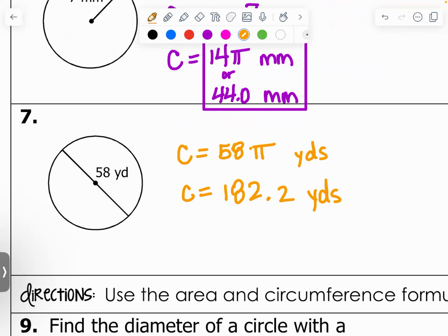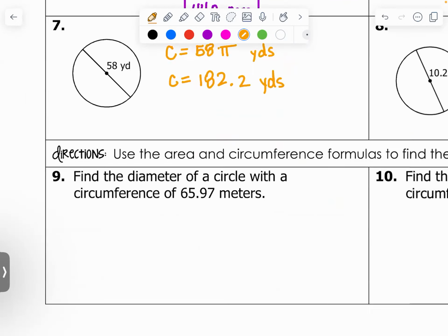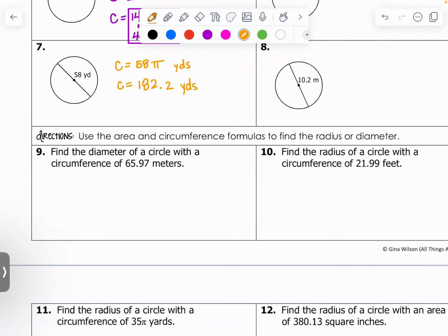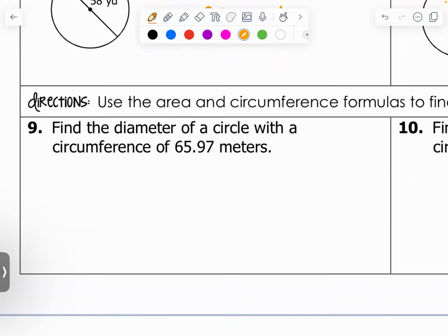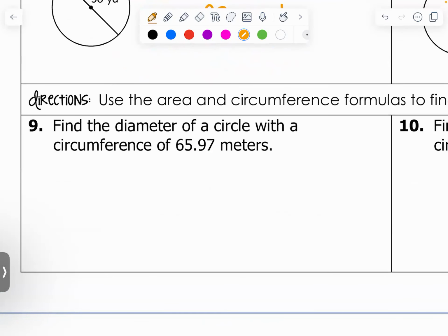Okay, now we're gonna have to work a little bit in order to find a circumference or a diameter given either the area or the circumference. So let's look at number 9. Find the diameter of a circle with a circumference of 65.97 meters. We know the circumference, and we find circumference by taking diameter times pi, right?